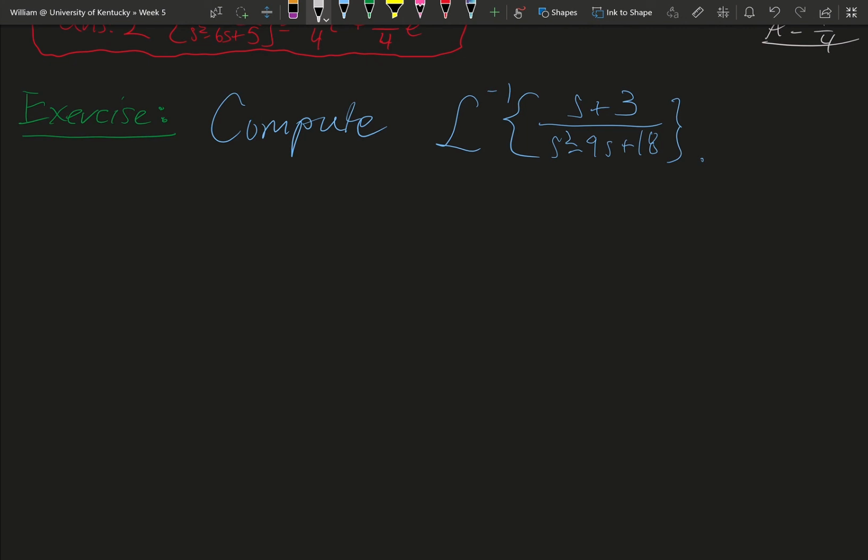So this bottom factors as (s − 6)(s − 3), right? Negative 3 and negative 6 add up to negative 9, and 3 times 6 is 18. So we want to do the partial fraction decomposition, and obviously you need to show more work than this.